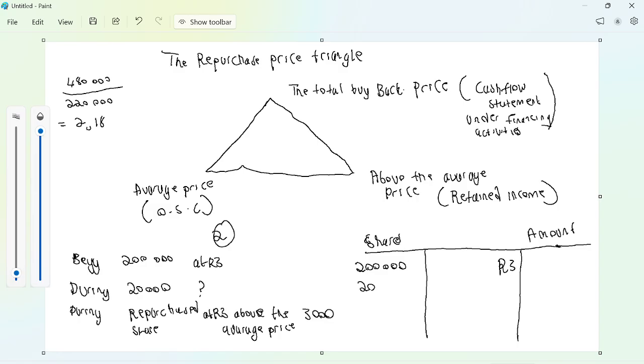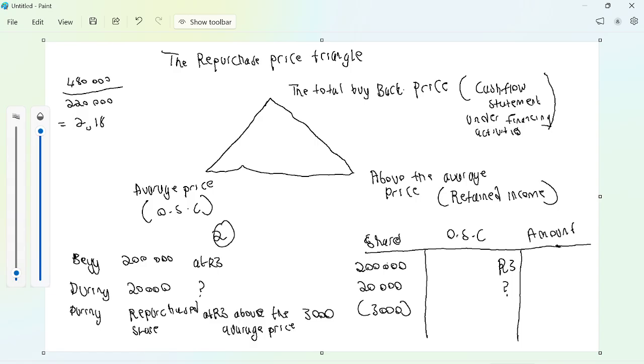During the year, they issued 20,000 shares. We don't know the price. Meaning, if we don't know the issued price, there will be a balancing figure, right? And then we repurchased shares, 3,000, but above the average price. Meaning that's not our average price.